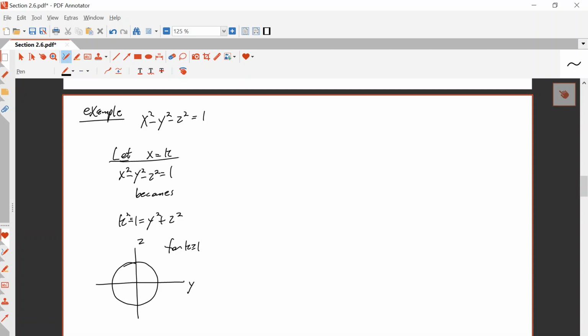And now, what does the silhouette look like? So here's x, y, z space, and here's the plane, x equal to k. And then I've got this circle inside that plane, x equal to k, centered on the x-axis.